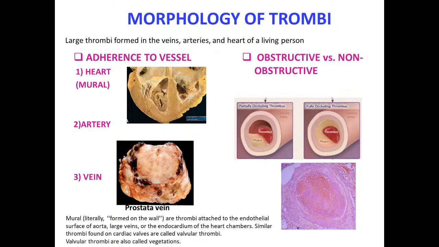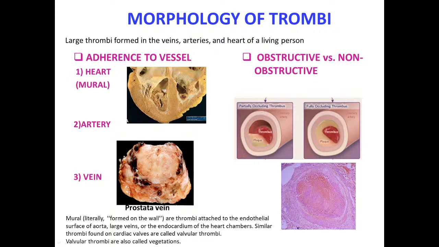Morphology of thrombi. Large thrombi are formed in veins, arteries and the heart of a living person. Adherent to the vessel or heart: mural thrombi. Arterial and venous thrombi.